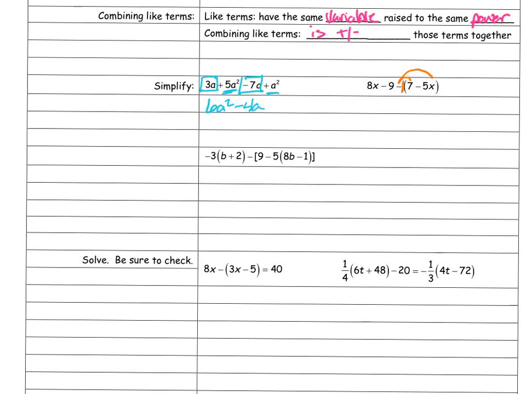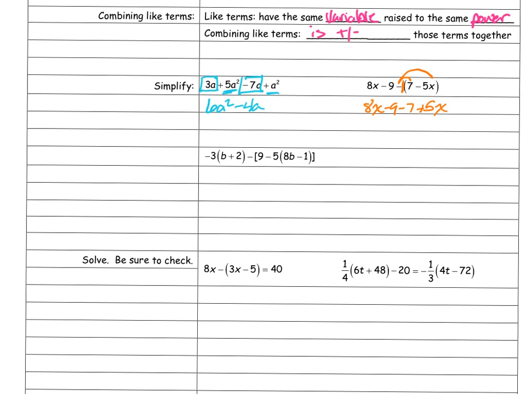So I'm distributing a negative 1, basically. So I've got 8x minus 9, and negative 1 times 7 is negative 7, and negative 1 times negative 5x is positive 5x.